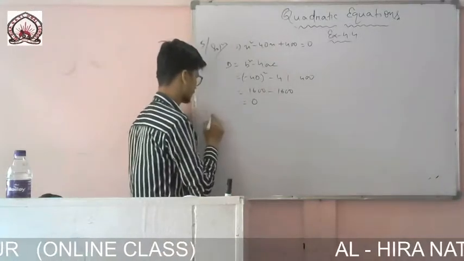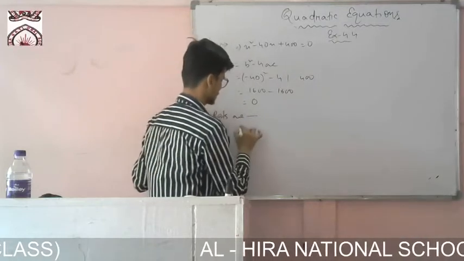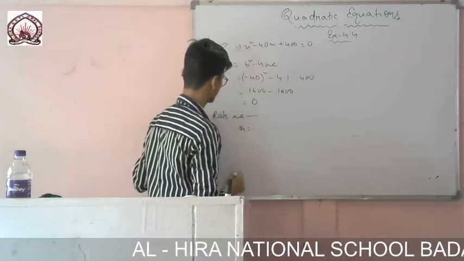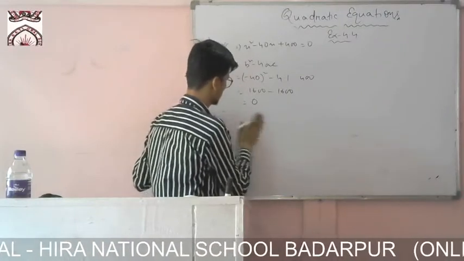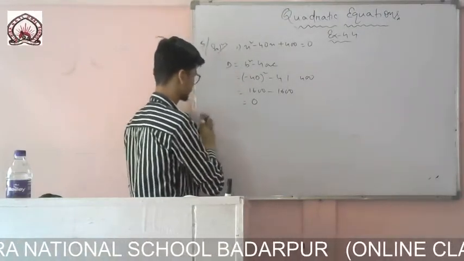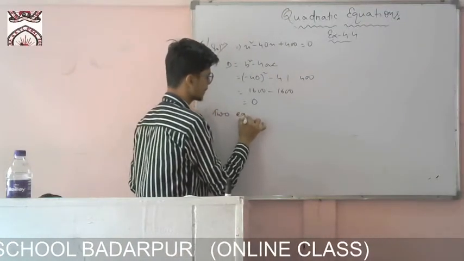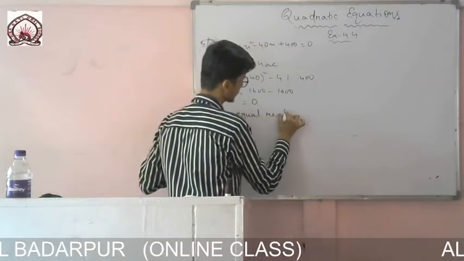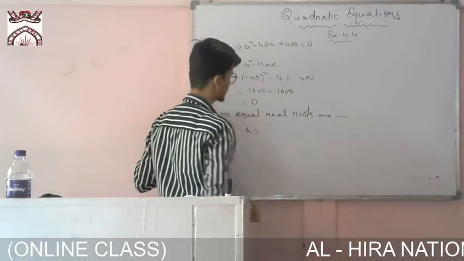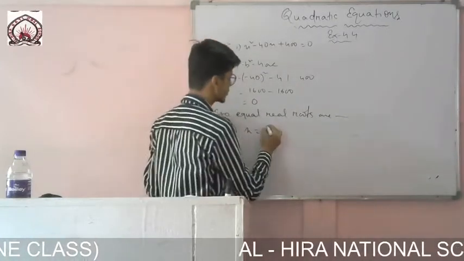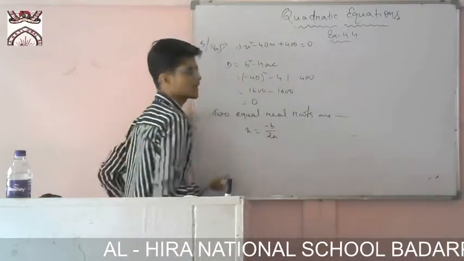Let me write like this: therefore since it is 0, the 2 equal real roots are found as follows. x will be equal to minus b by twice a, plus minus d, but no need to write d because it is 0.